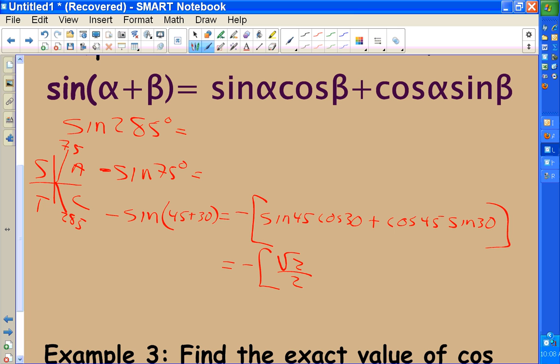Obviously, we haven't done this in a while, and obviously you're rusty because hardly anyone is responding to knowledge level questions. What is the cosine of 30? Root 3 over 2. How about cos 45? And sine 30? A half. Again, don't worry about this negative until you're all simplified.